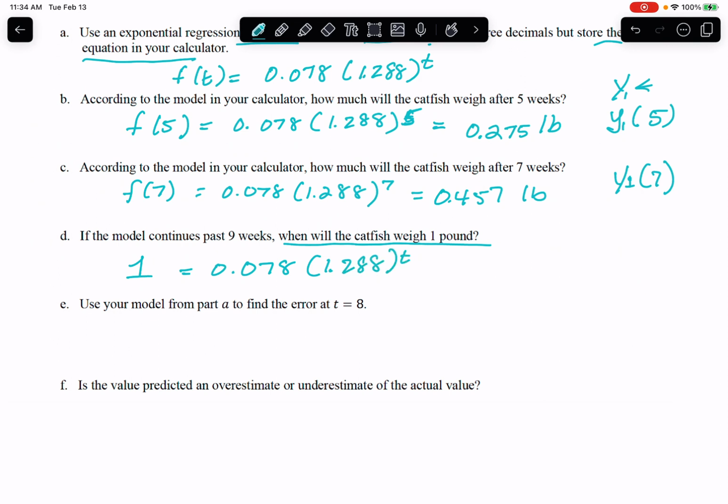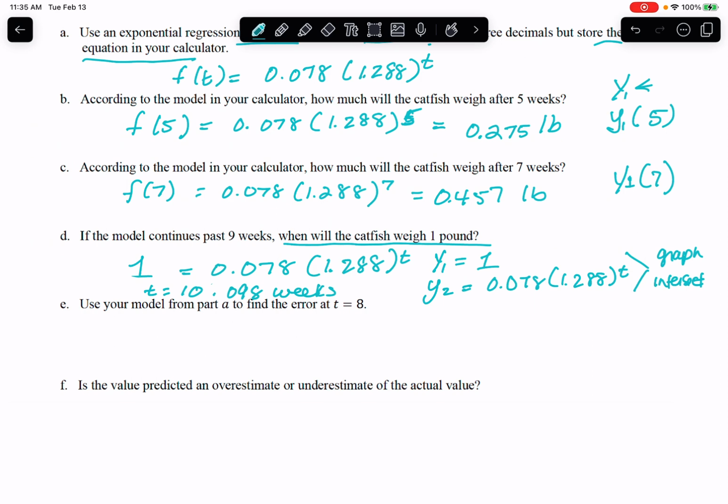And if you put y1 equal to 1 and y2 equal to 0.078 times 1.288 to the t, and then graph those and look for the intersection, you should get that t is equal to, oh, I'm sorry, I read my thing wrong. t should be 10 something. t was 10.098 weeks. How's that sound?